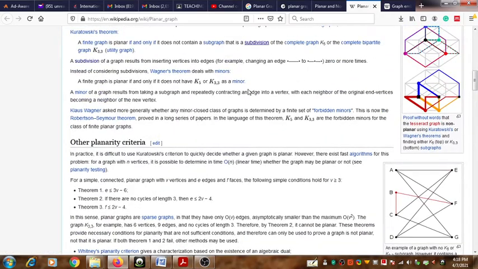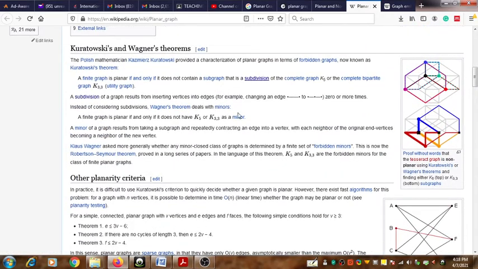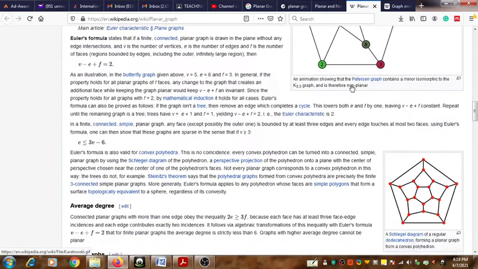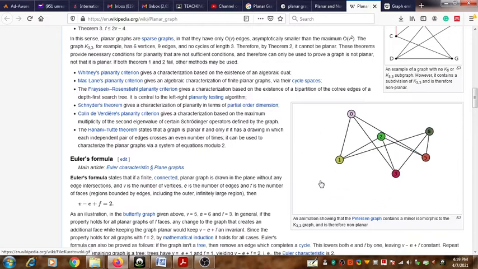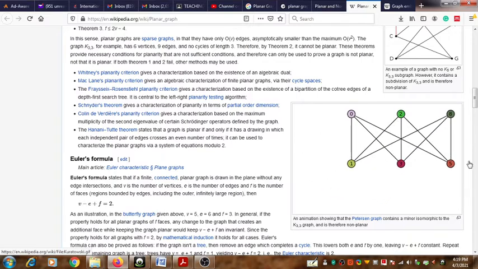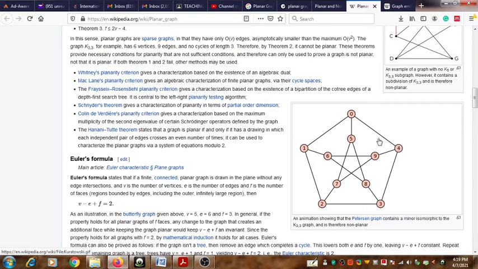Then this animation says that the Petersen graph is not a planar graph, because the forbidden graph is there. We obtained the forbidden graph K33 as a minor of the Petersen graph.